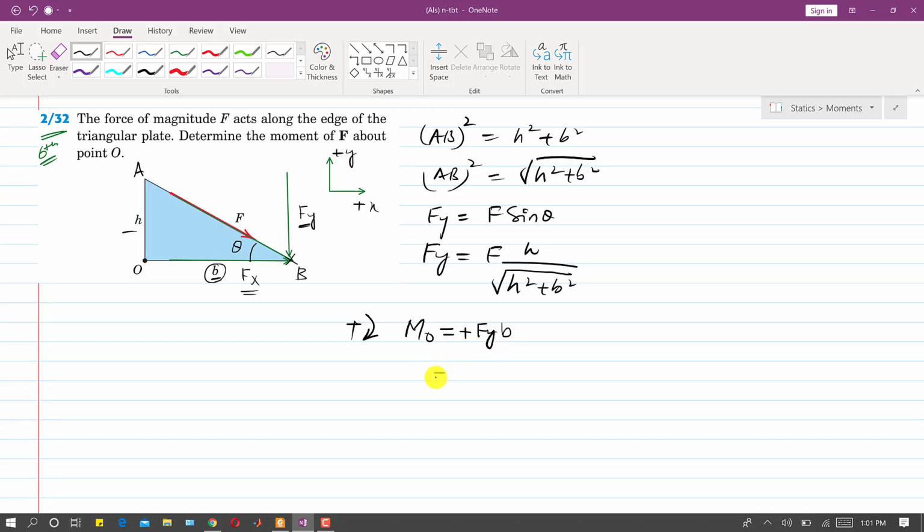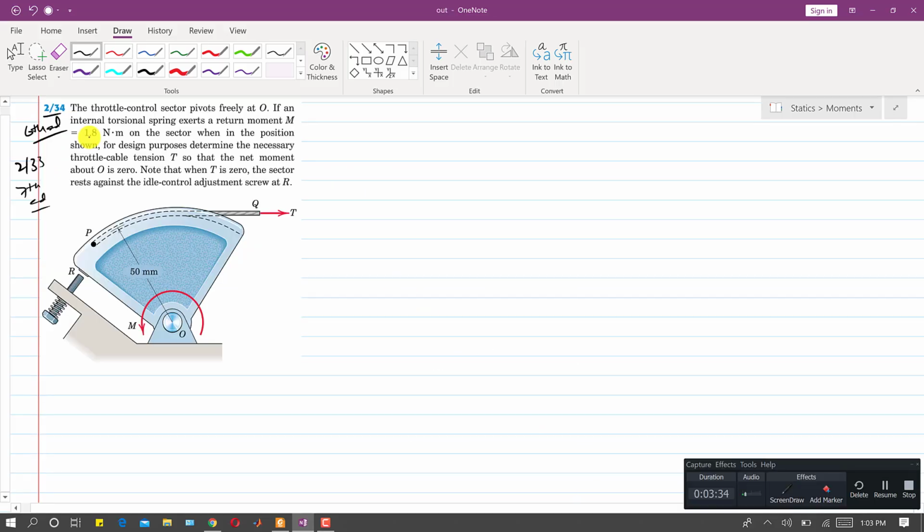F_y is F into h divided by the square root of h squared plus b squared, into b. So we can write that the moment about O is F h b divided by the square root of h squared plus b squared. So this is the moment about O for this problem.